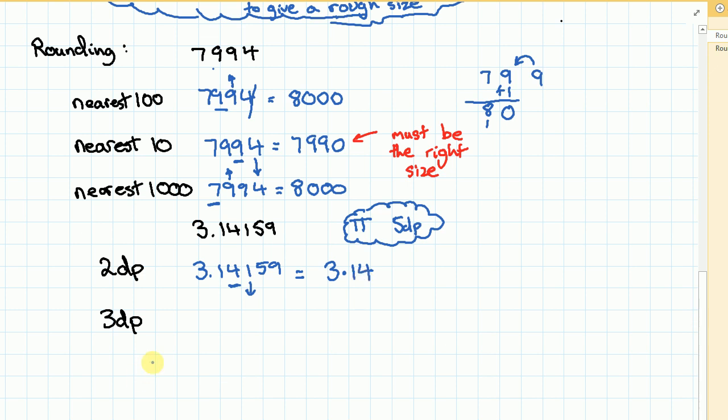Let's go for next one. 3.14159. Now this one will bring in what happens with 5, because 5 is neither closer to the round down or the round up. So where's the third decimal place? Look at the next value, 5. Now 5 could go either way. Traditionally, you will round 5 up.